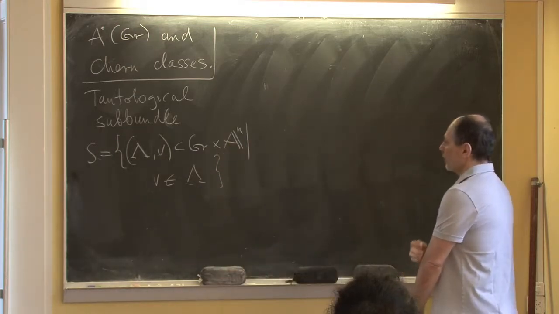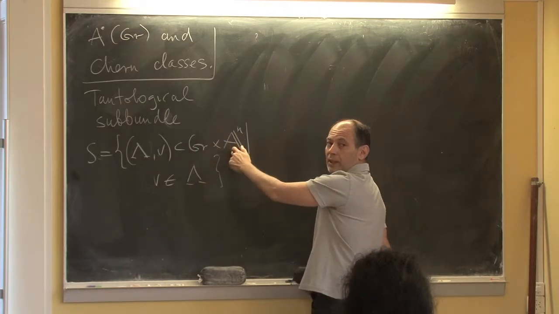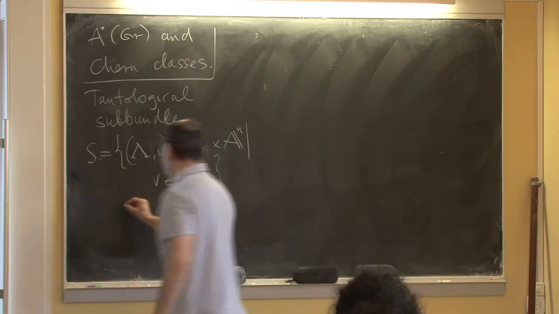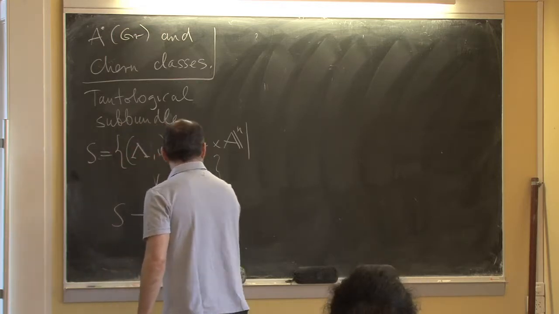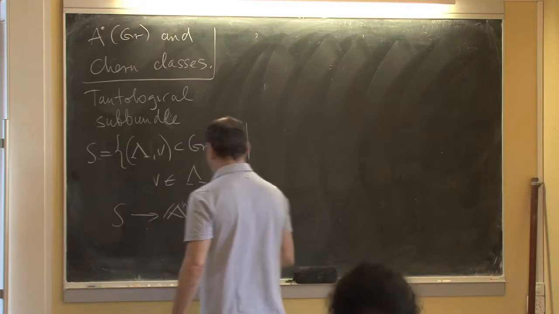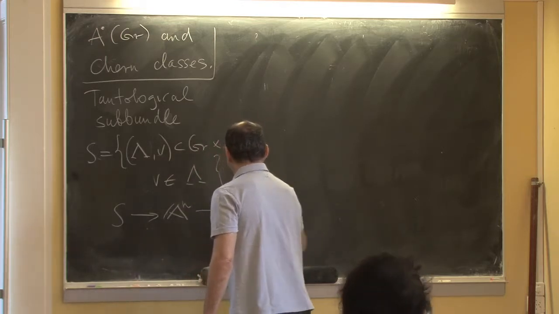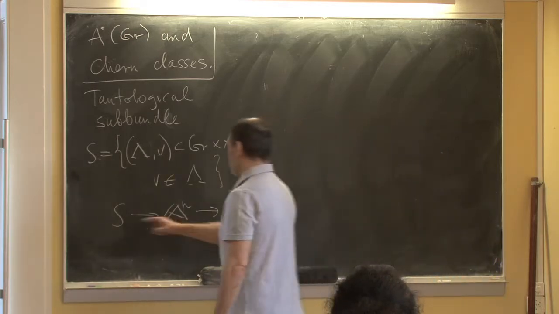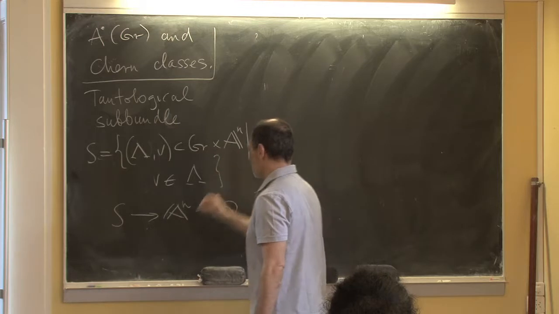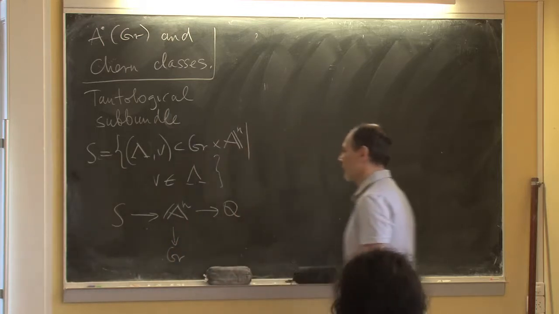And subbundle in the following sense: I can look at this trivial bundle, Gr times A^N, and this is the subbundle, right? So there is an exact sequence of vector bundles, where this S is the subbundle of this, and this is the quotient bundle.